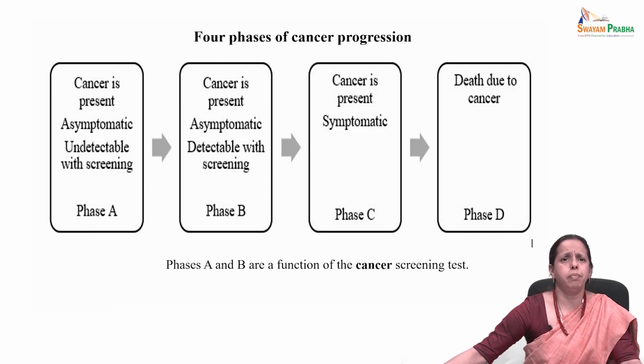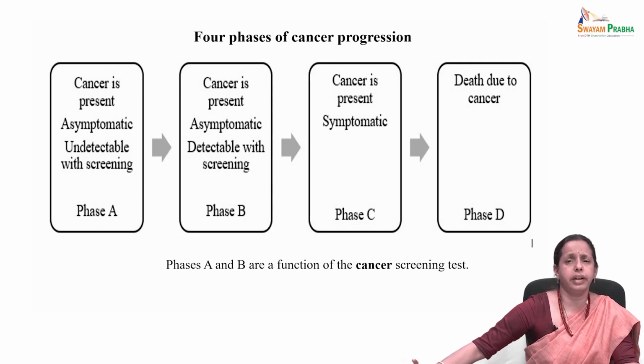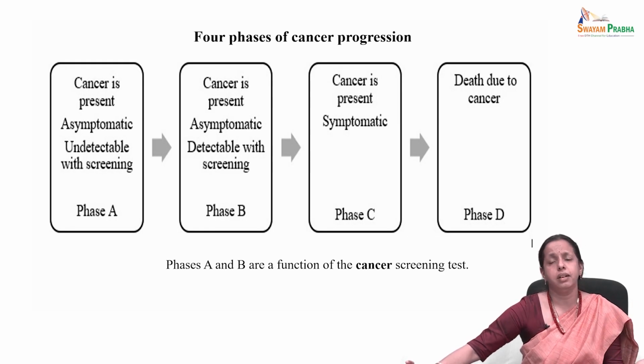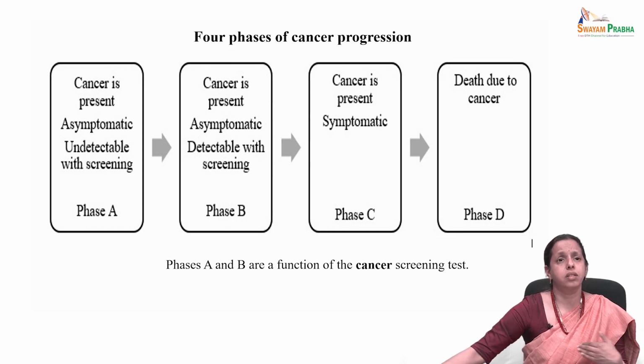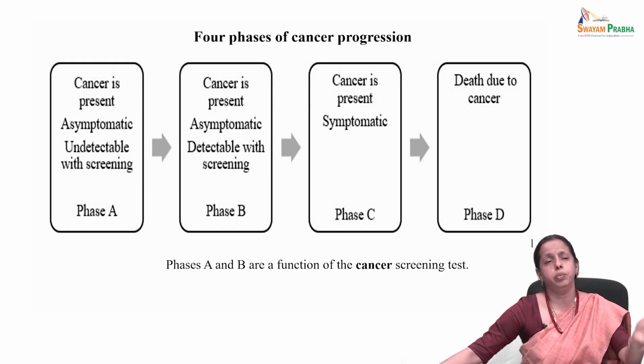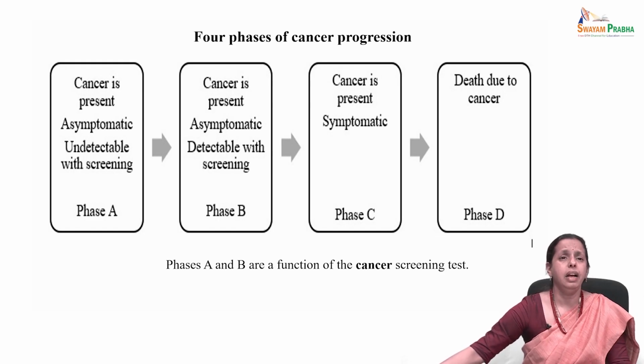We have already discussed how cancer grows, right? How a single cell differentiates to cancerous cells, and how these cancer cells multiply further to establish as neoplasia, then a tumor, and then metastasize, right?